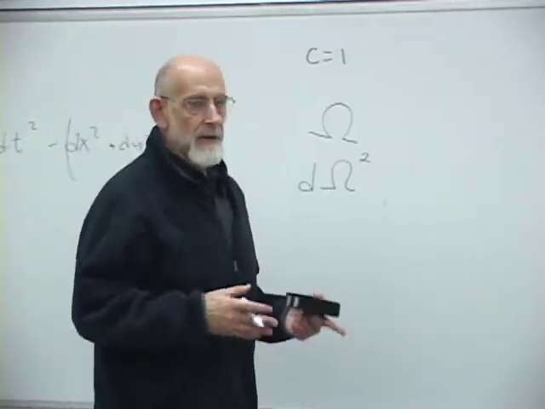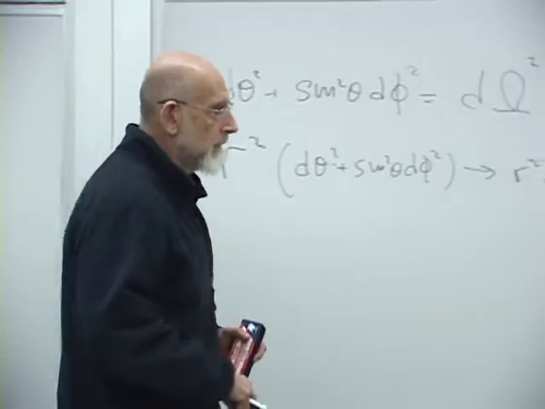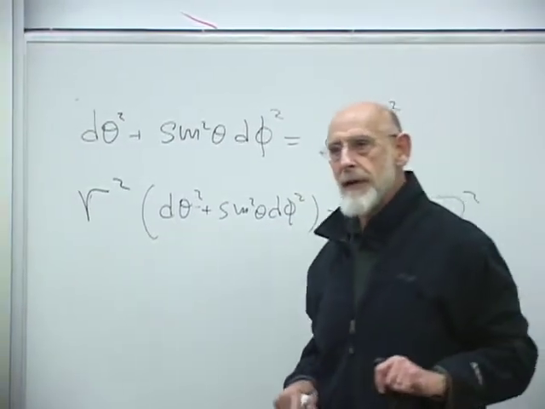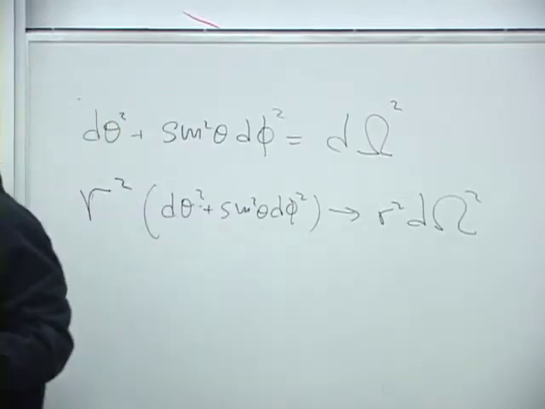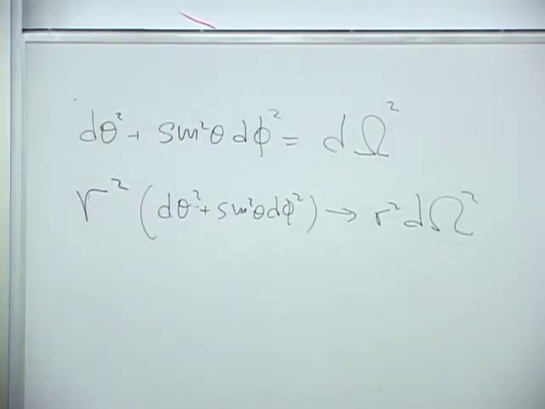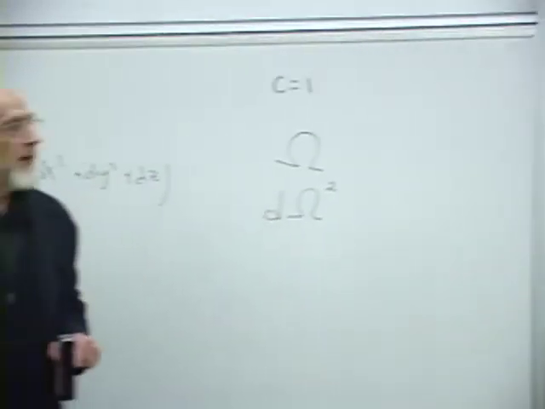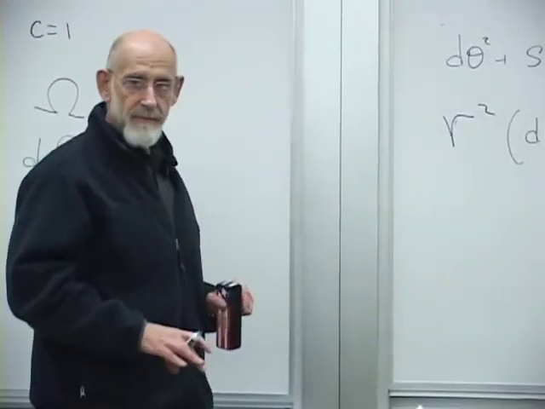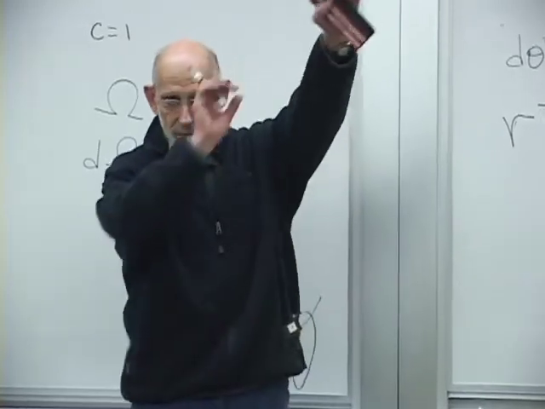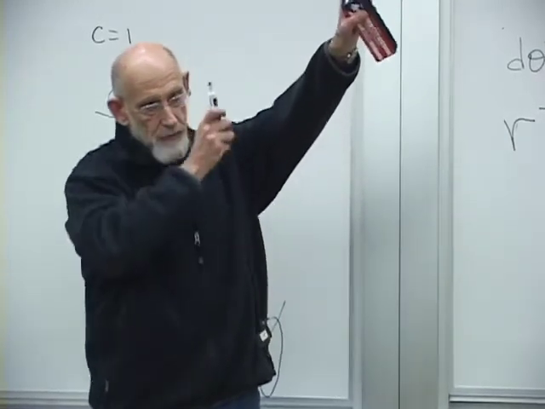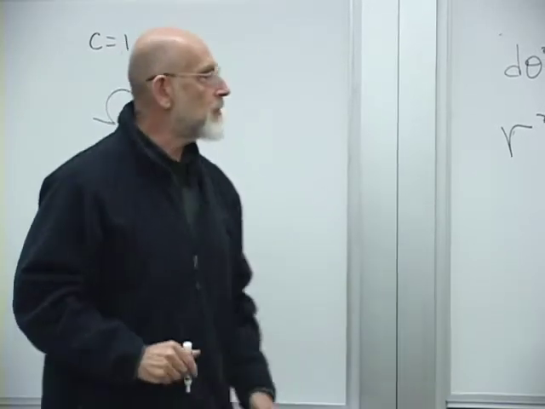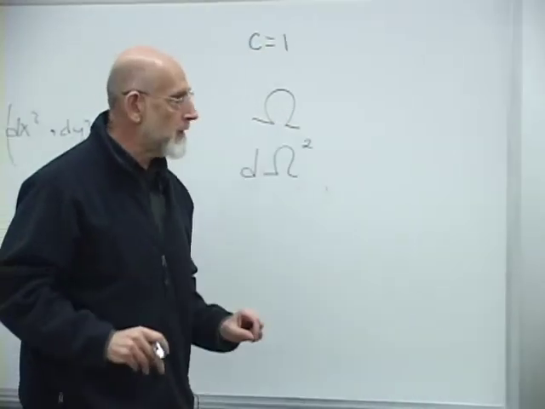Now I stand at the center and I look around me, and I see 2 points. You could think of them as separated by a dx, a dy and a dz, but no, I'm going to think of them as separated by a dr, a d theta, and a d phi. Different distance to me, different angle, and so forth. What's the distance between those two neighboring points?